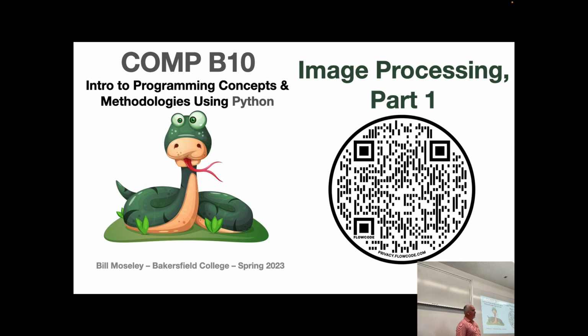JPEG stands for Joint Photographic Experts Group, and as the name implies, that image format is good for photographs. So in other words, lots of variety, lots of different colors, and lots of different shades within a given image.